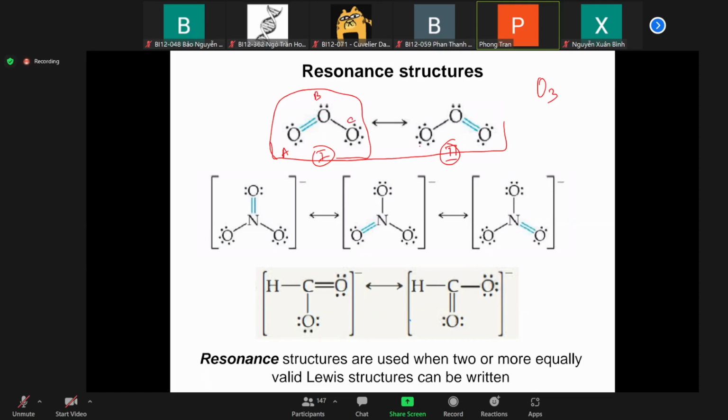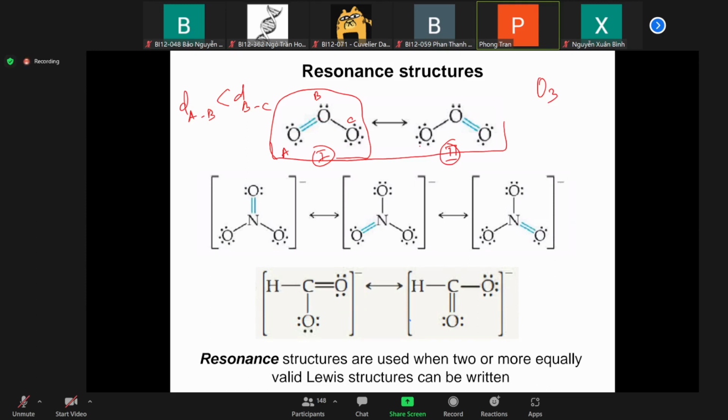If you just look at structure 1, you see that the bond distance between A and B will be shorter than the bond distance between B and C, right? Because in AB you have a double bond, which is shorter and stronger compared with the BC single bond, which should be longer and weaker.